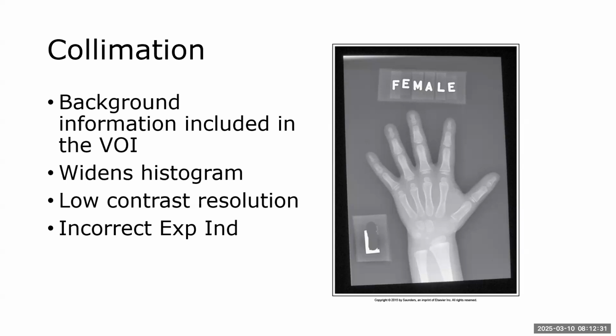So things like this, you want to see a 4-border collimation. You wouldn't want the whole entire plate to be used in that. And the thing with this picture as well, even though this is film, or it may not be film, I mean, these were used with film. See these markers? They had to leave the collimation open enough to include that this was a female and this is a left.